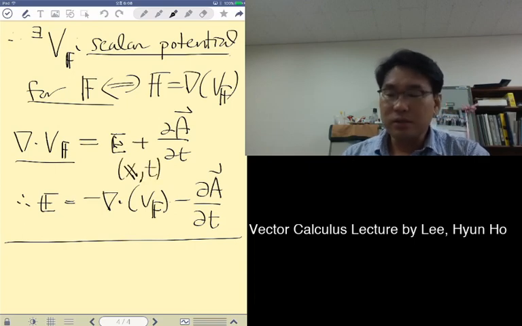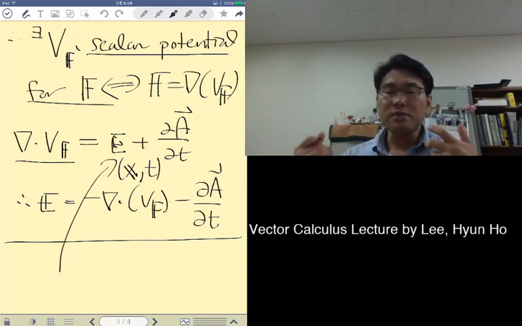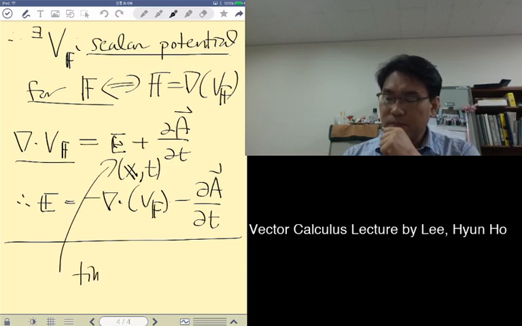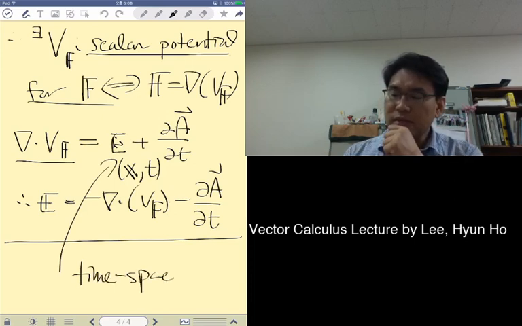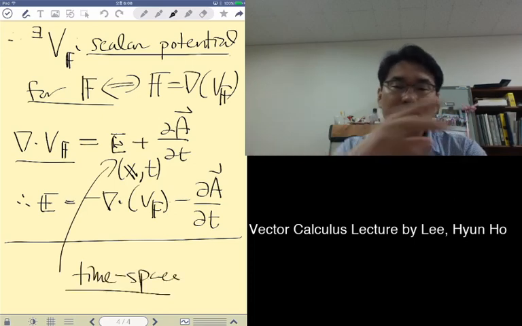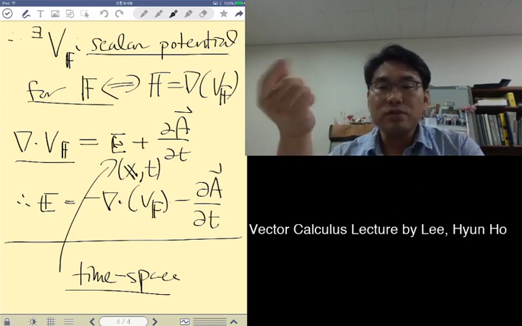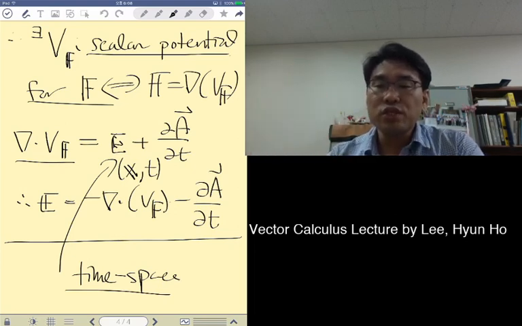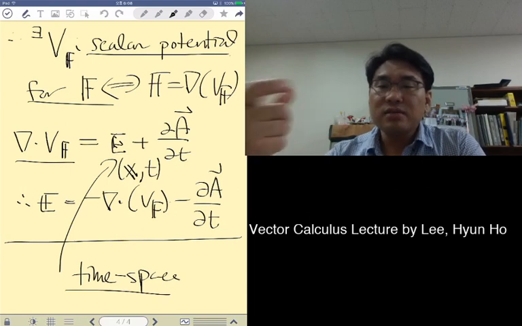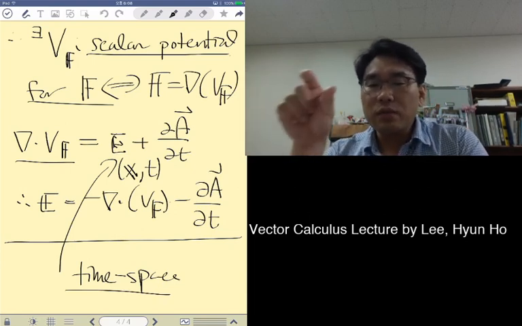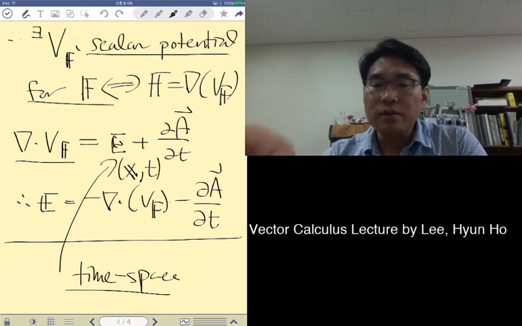So in this case this is time changing, and this time-space is our domain. In the previous case, when we considered the Coulomb potential, we didn't consider the time variable, but now we also include time as part of the domain.